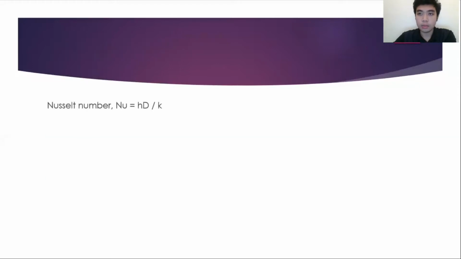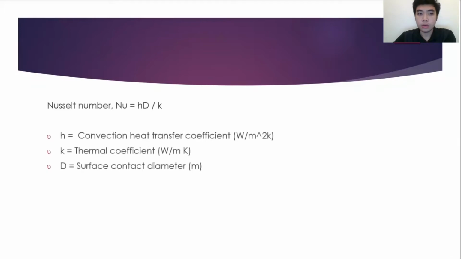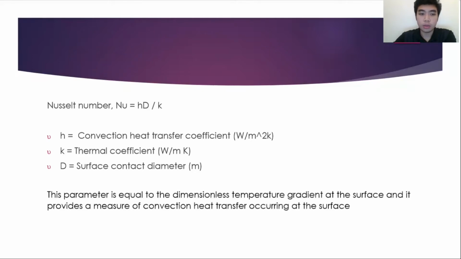Then the Nusselt number, Nu = hD/k. h is the convection heat transfer coefficient, k is the thermal conductivity, and D is the surface contact diameter. This parameter is equal to the dimensionless temperature gradient at the surface, and it provides a measure of convection heat transfer occurring at the surface.